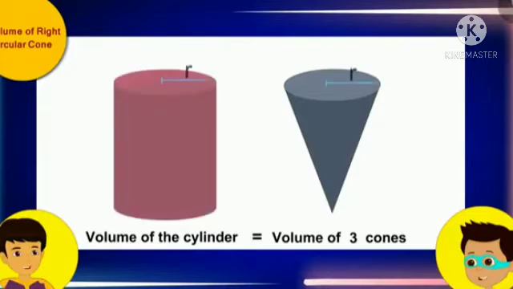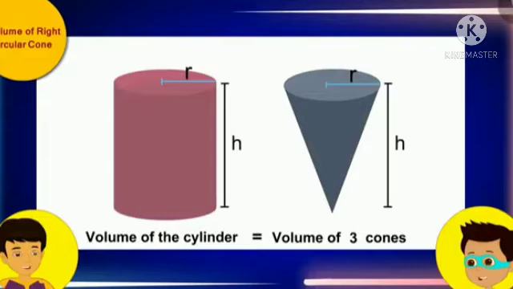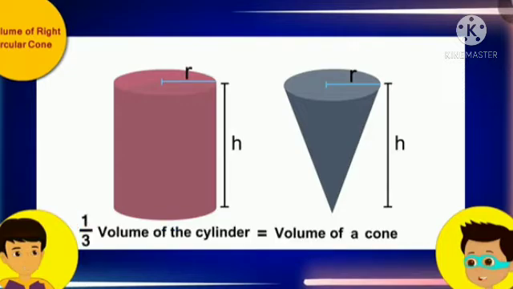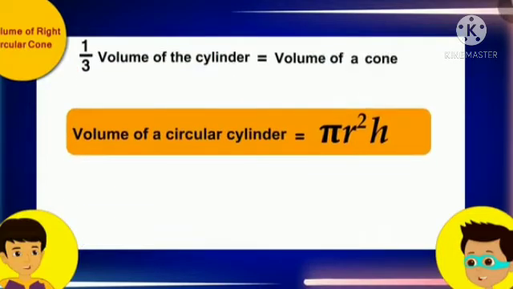This means if the radius of the base and the height of the cone and cylinder are the same, then the volume of the cone is 1/3 of the volume of the cylinder. And you know that the volume of a circular cylinder is equal to pi r square h, where r is the radius of its base and h is the height.